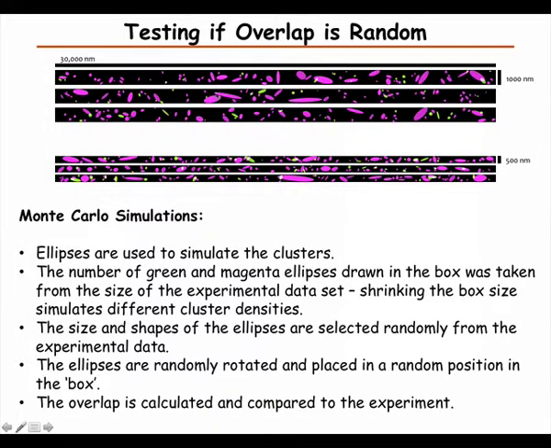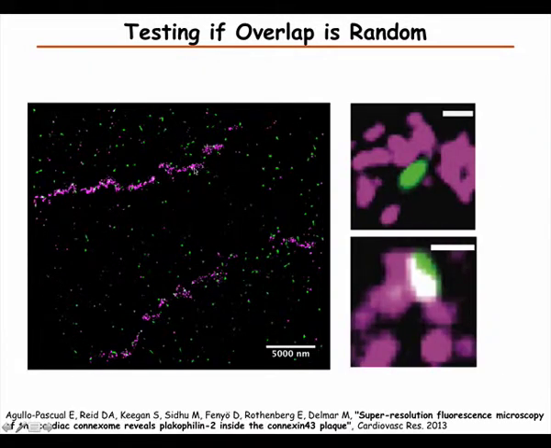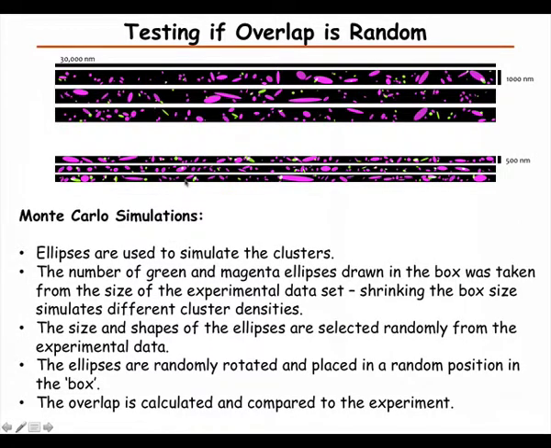The simple model is that we have these green and magenta ellipses that are bounded by a box. That's corresponding to these stretches of the cell surface here, where we have most of the magenta particles. So we're just simulating that part.